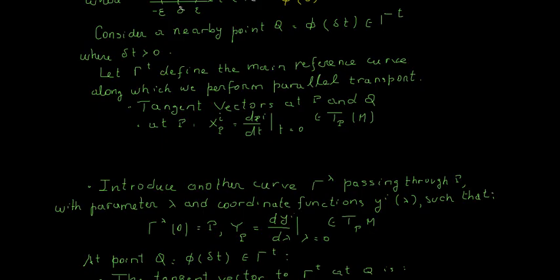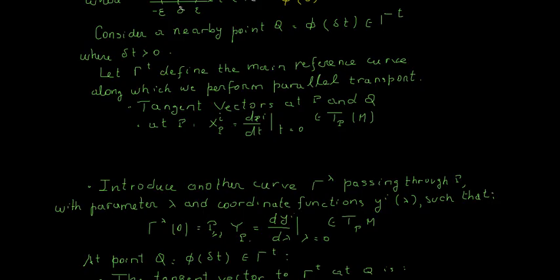Remember that the curve is gamma of t, and this is gamma of lambda, which passes through the same point P. Now the parameter, instead of t, is lambda, with coordinate functions y^i of lambda, such that this curve gamma lambda at 0 passes through the same point P as gamma t.